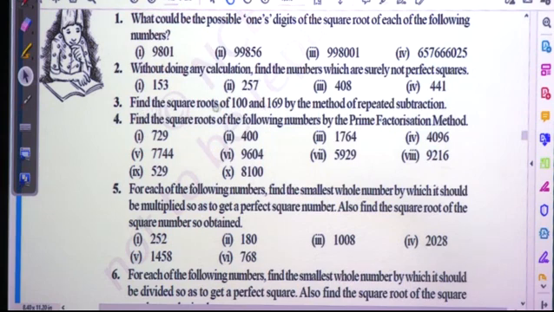Find the square roots of 100 and 169 by the method of repeated subtraction. What are they saying? Find the square roots of 100 and 169 by the method of repeated subtraction. Okay, let us switch to the page where we can solve it.